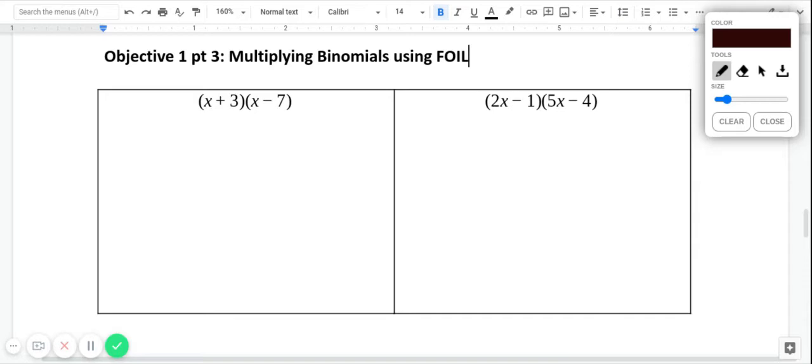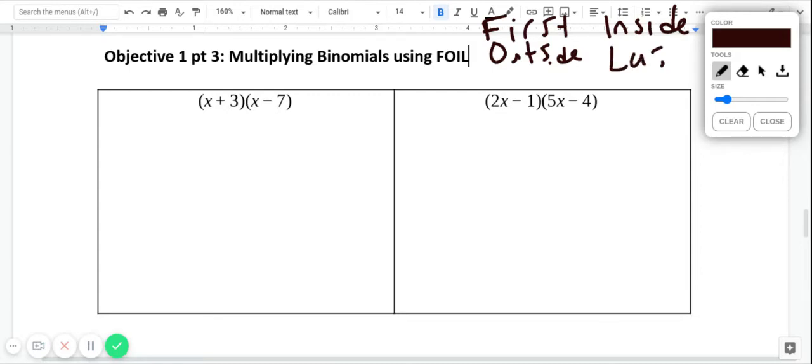So FOIL, I'll write this out, is first, outside, inside, last. And these words reference the terms. So like the first terms is this x and this x, so these are the first terms.